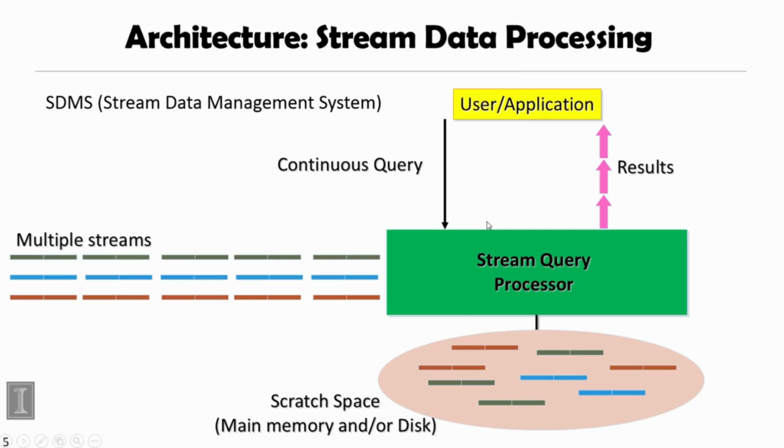They want to summarize the data in a multidimensional space. For this stream query processor, you usually have some scratch space, which could be a big main memory or even some disks. The multiple streams coming in will be summarized and processed, especially to answer your continuous queries. The results will be streamed back to the users' application programs. So this is a typical way to process streaming data online in real time.